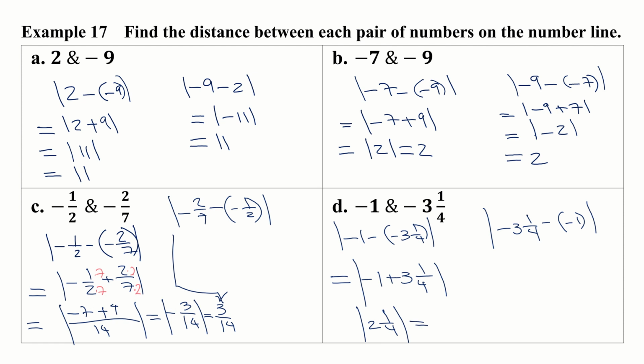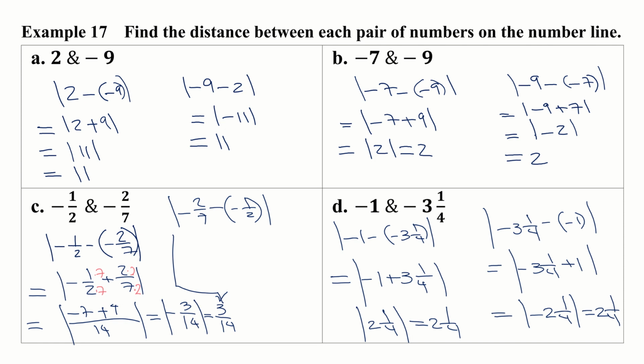And of course the absolute value of 2¼ is just 2¼. If you do this one, you'll get the absolute value of negative 3¼ plus 1. So it's going to be the absolute value of negative 2¼, which is once again 2¼.